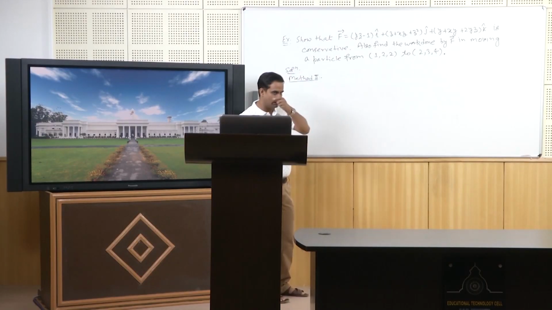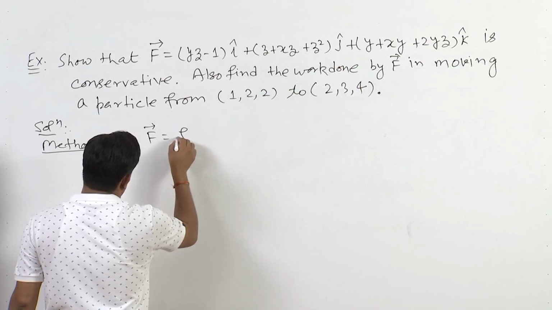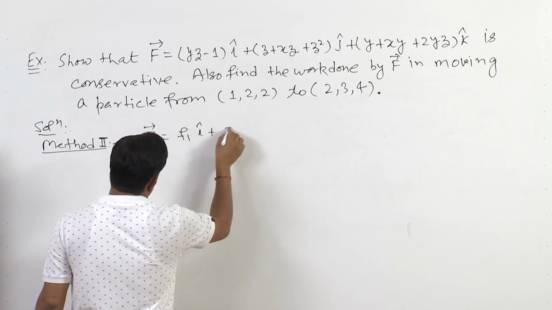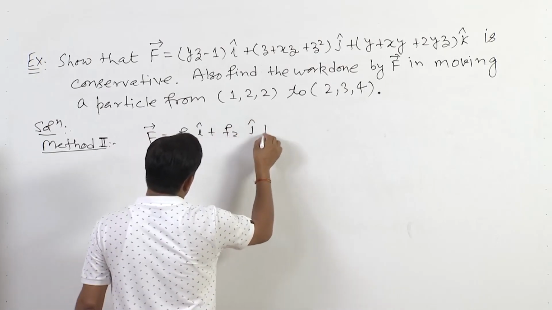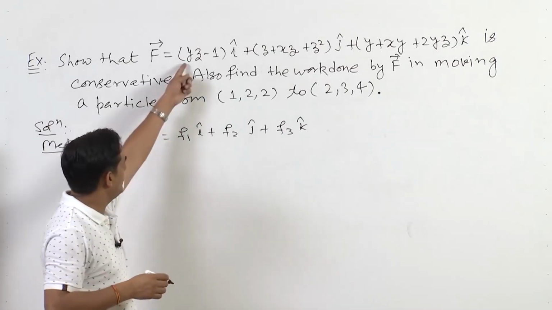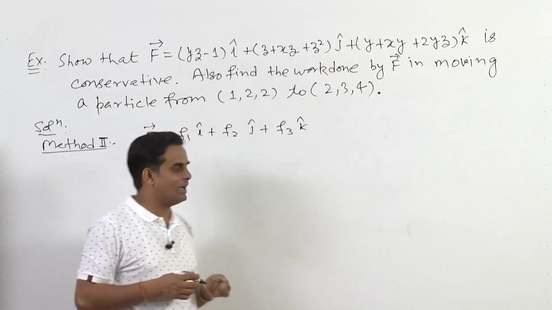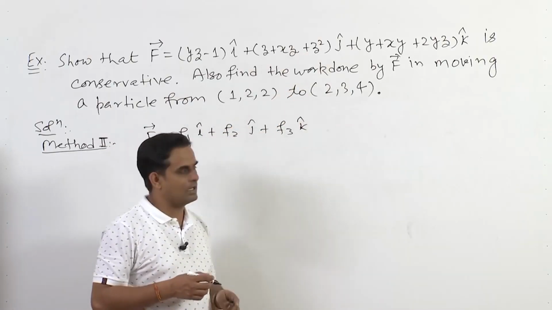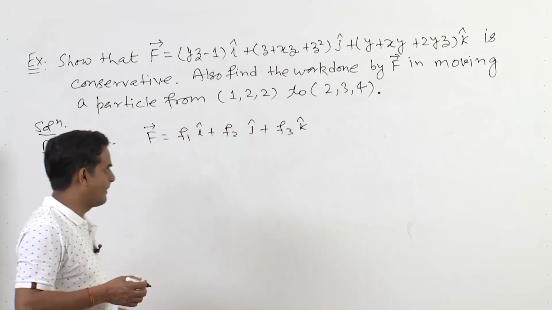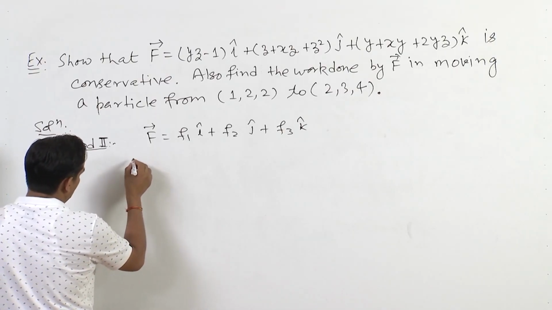Method second. You know that F is, let us say, f1 i plus f2 j plus f3 k, where f1 is yz minus 1, f2 is z plus xz plus z square, and f3 is y plus xy plus 2yz. Now, it is equal to grad phi.